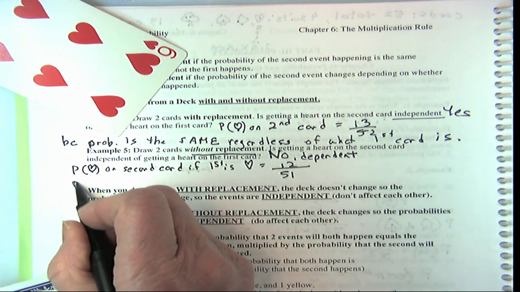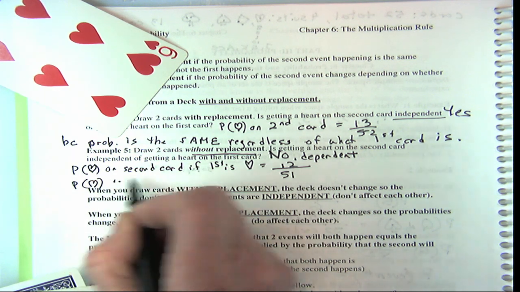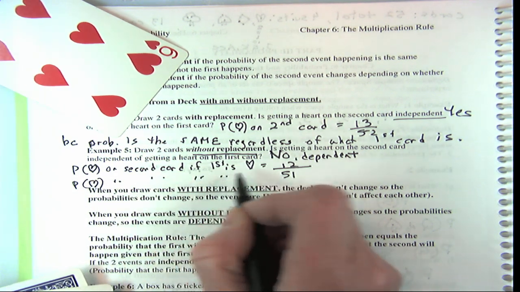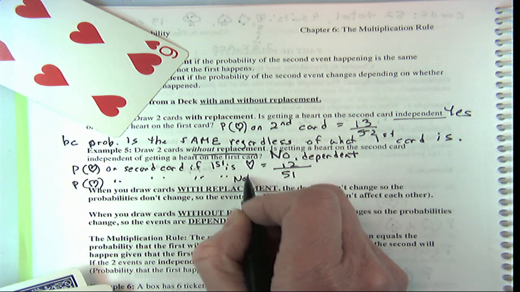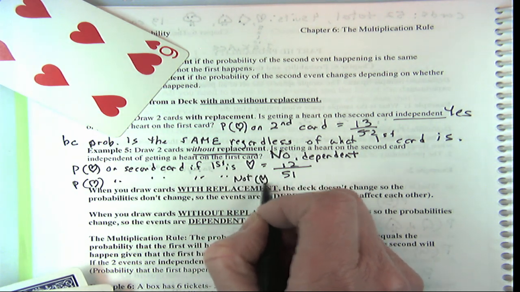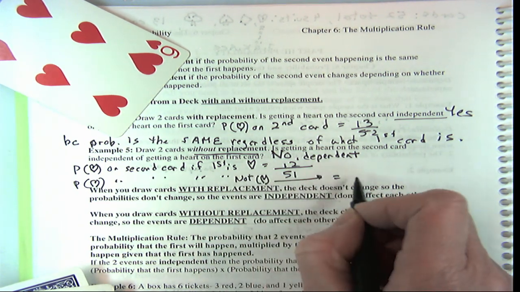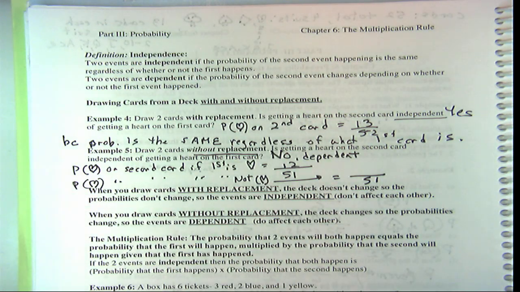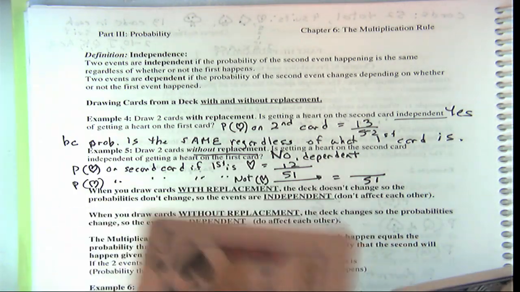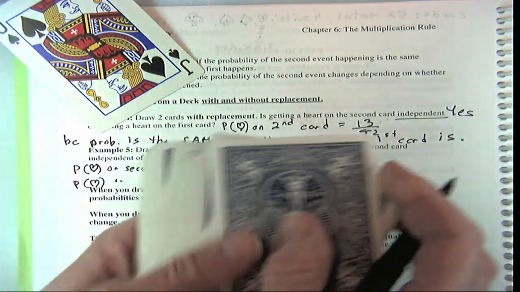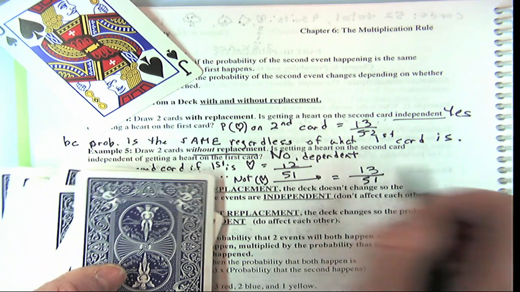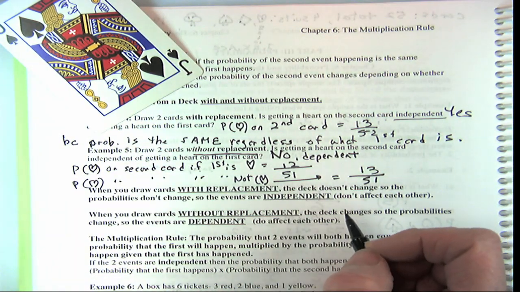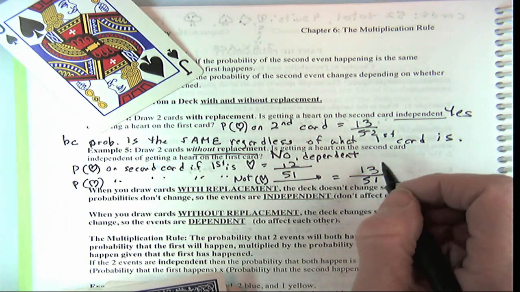But the probability of a heart on the second card, if the first is not a heart, is equal to what? There's still 51 cards left, but if we pulled out something that wasn't a heart, then we have 13 hearts, so they change, okay? So it changes depending on whether the first card is a heart or not.